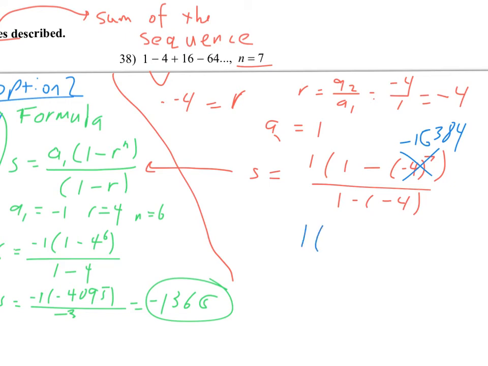So this will actually turn into 1 plus 16,384, so it's going to be 16,385. Down here is minus minus plus plus, so it's going to be a 5 down there. And then divide those together, and that just comes out to 3277.